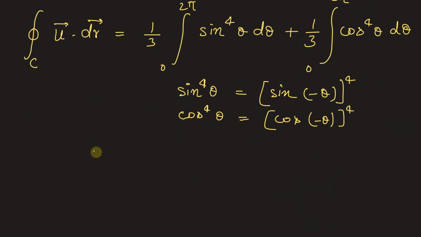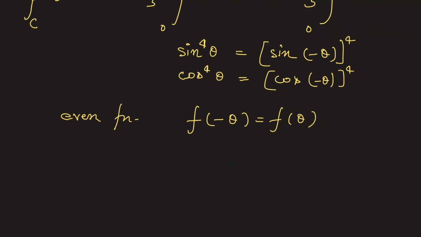An even function is one where f of minus theta is equal to f of theta. Since this function is even, we can convert the integral from 0 to 2 pi into 4 times the integral from 0 to pi by 2.